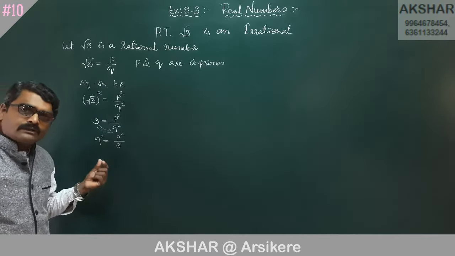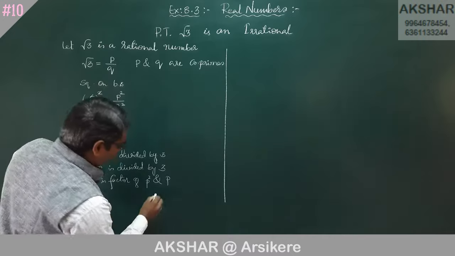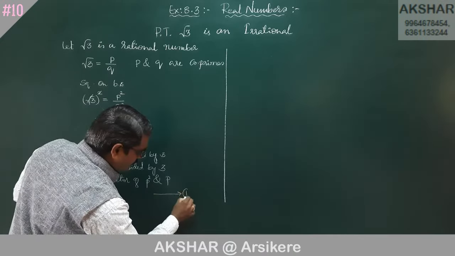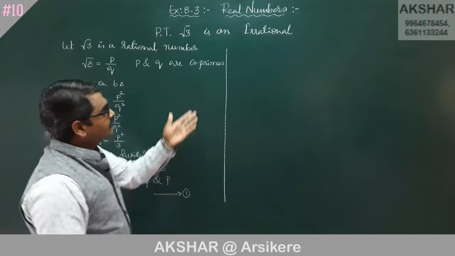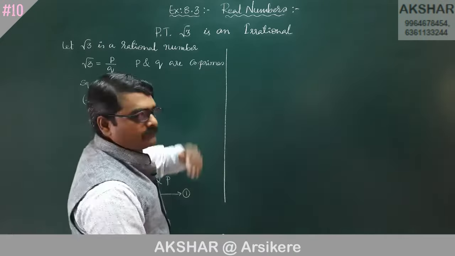Clear? Yes. Now come to the next step. Consider this as statement 1. And now come here. Yes, let p be equal to 3k, because 3 is a factor of p square and p.